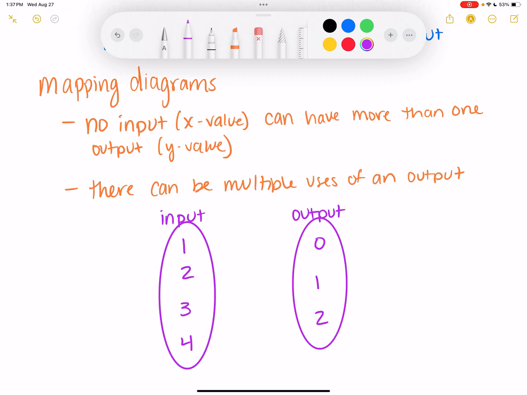So a mapping diagram shows what the inputs match to. So we could have 1 goes to 0, 2 could go to 1, 3 could go to 2, and 4 could go to 2. And this would be a function because each input value was used only one time.